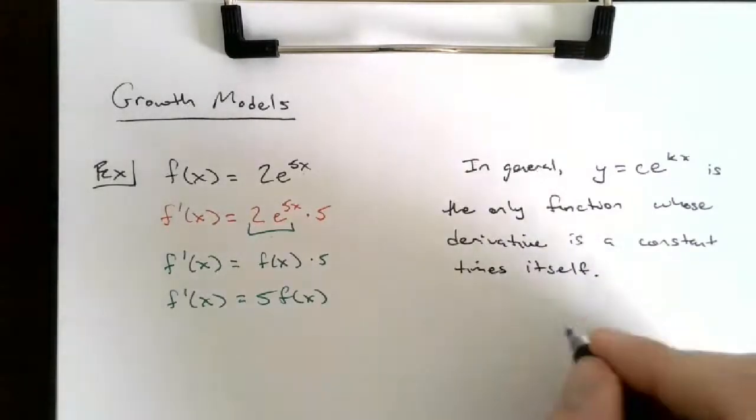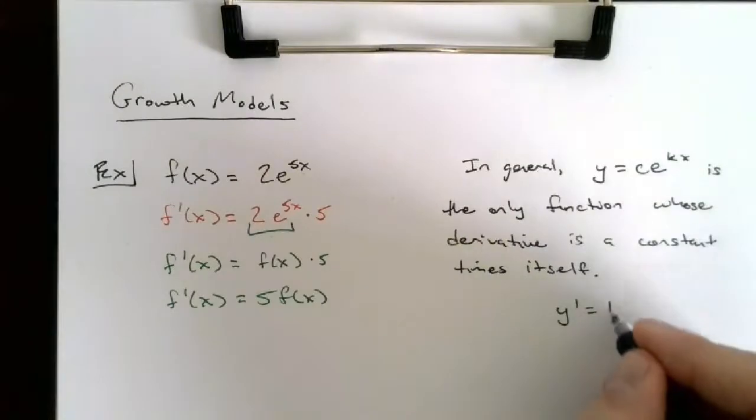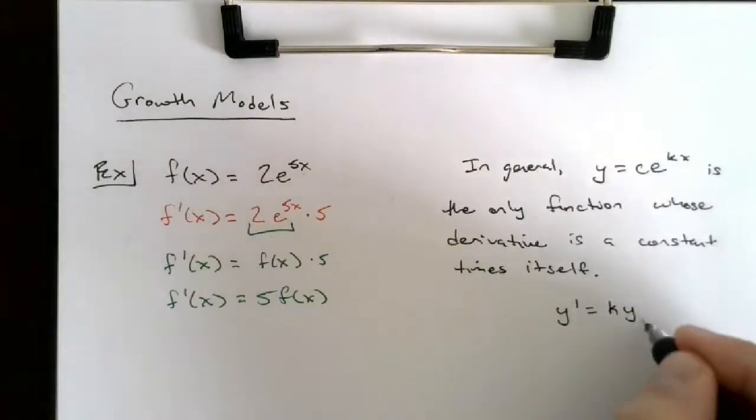In other words, y prime is equal to some constant k times the original function y.